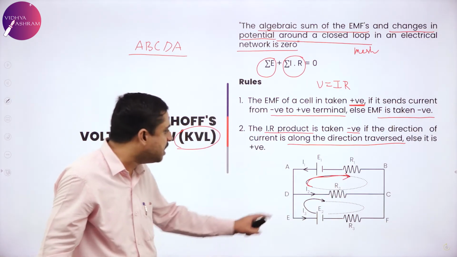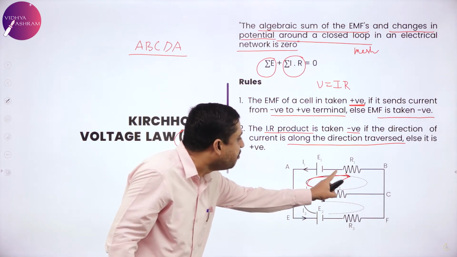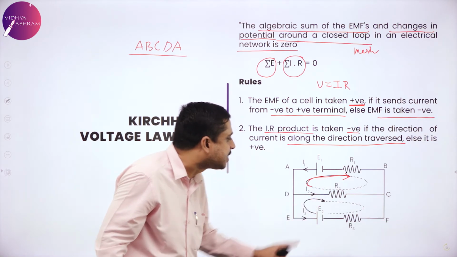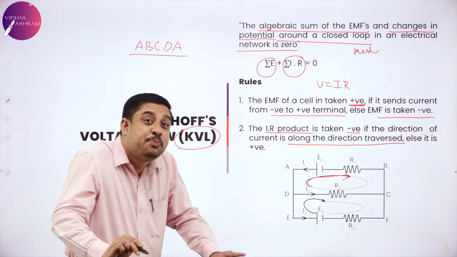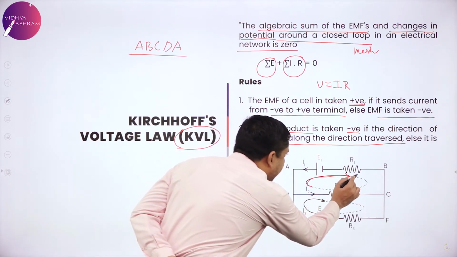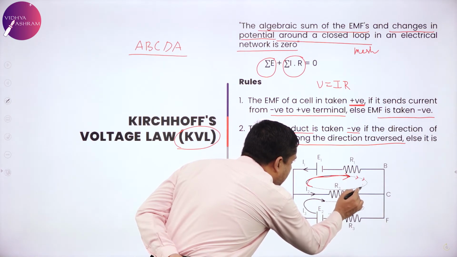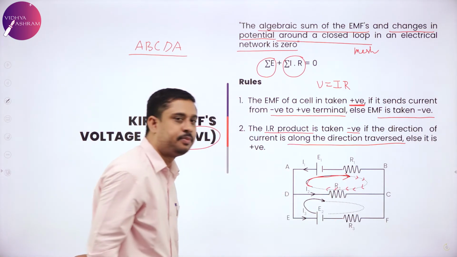Direction of traverse is the path that is given by the paper setter. It is some path in which current is believed to move. So, if I try to complete this path, this is how it moves.